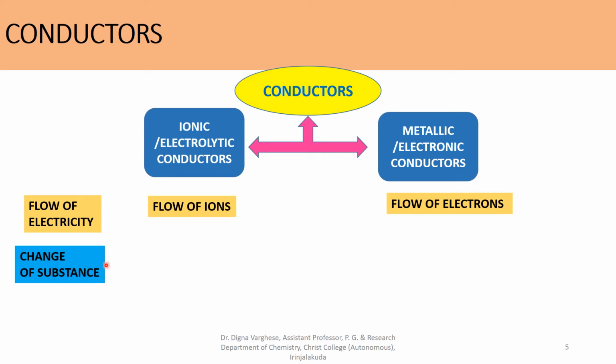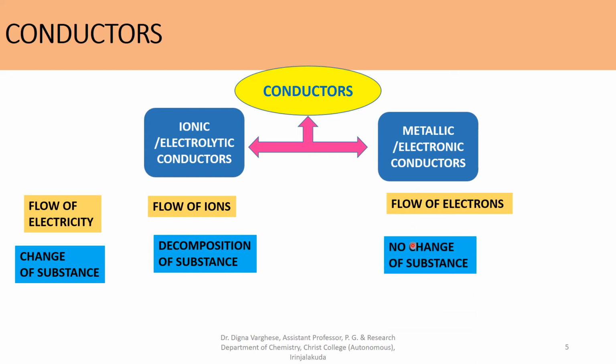Next difference is change of substance. When an electrolyte is dissolved in a suitable solvent, it will decompose into cations and anions. So here decomposition of substance takes place. But in the case of metallic conductors, no decomposition or change of substance occurs.